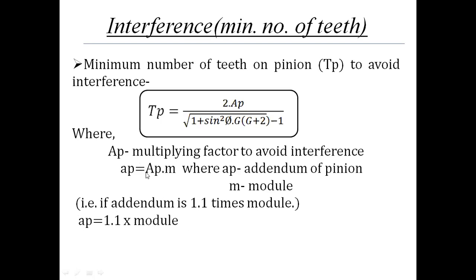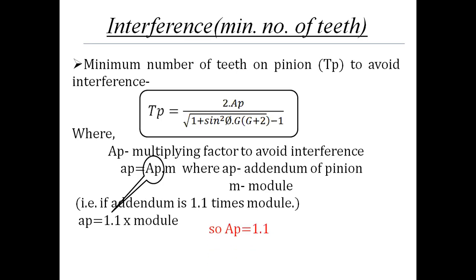I have to find out this capital A_P. So the addendum of pinion is 1.1 times module, and comparing these two equations, the value of capital A_P will become 1.1. Clear?